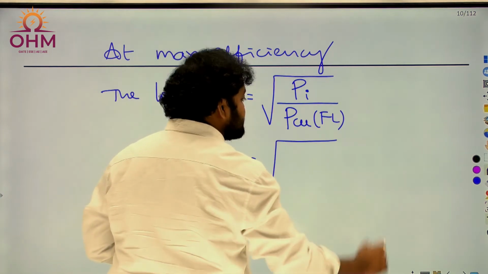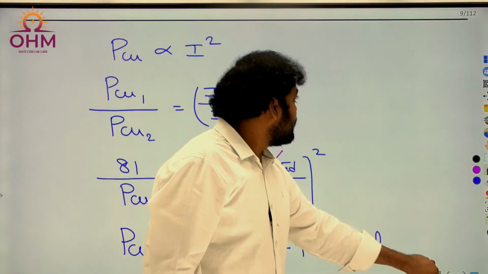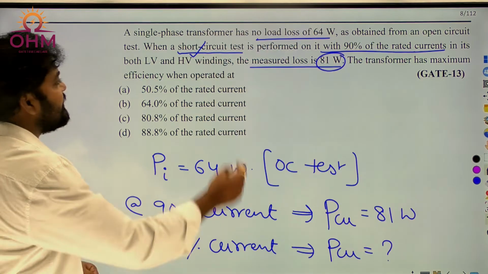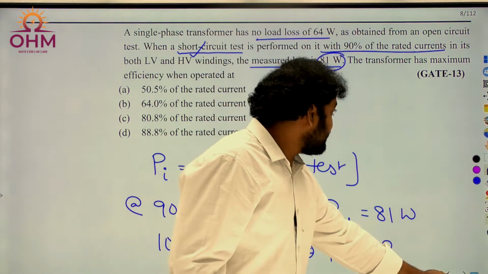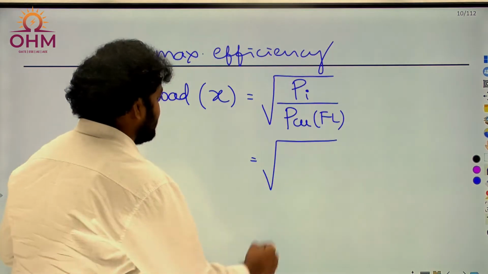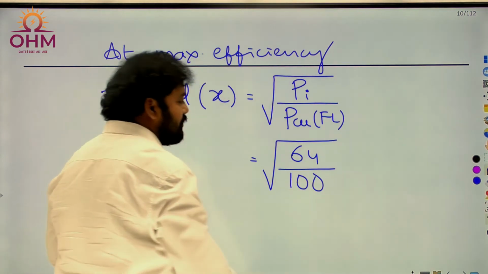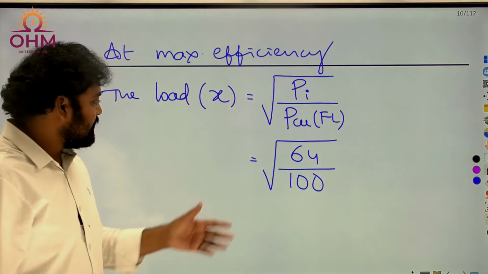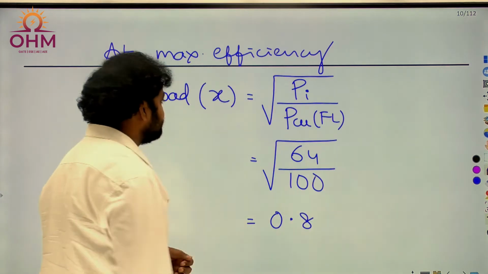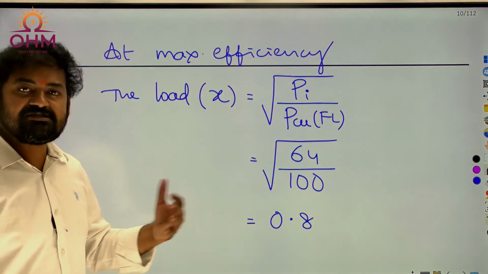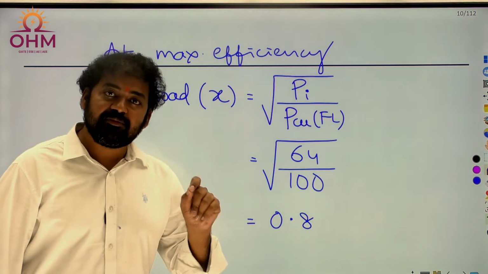That is already measured using the OC test. So if I go back to the problem, the OC test has 64 watt, that is iron loss, and the second one is full load copper loss. Therefore 64 watt divided by the full load copper loss 100 watt. If you solve it, you will get X equal to 0.8. That means indirectly maximum efficiency can be obtained at 80% load.